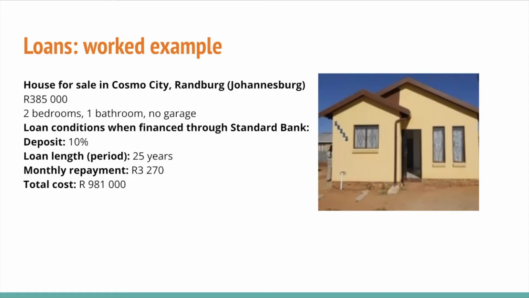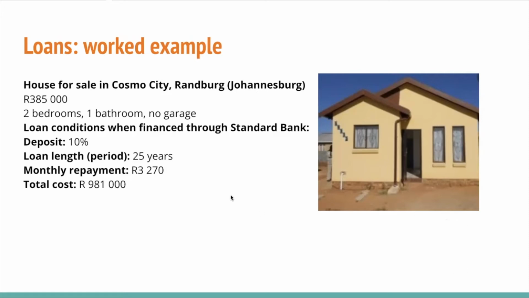So the loan amount is 346,500. Or an easier way, how I would do it: I know that the loan amount is going to be 90%, so you go 385,000 times 90%, or times 0.9, and it's going to give you 346,500.